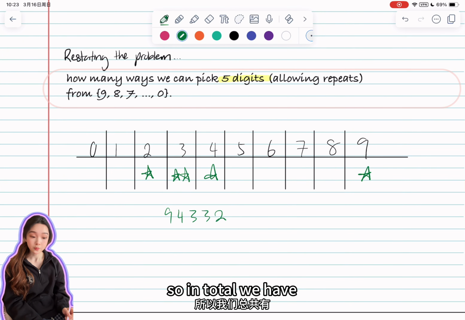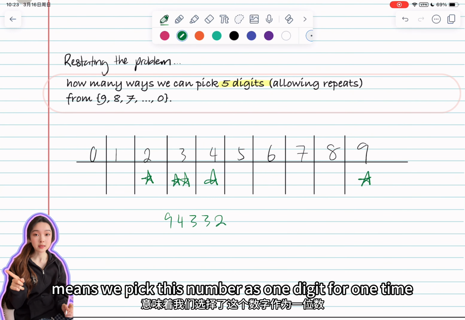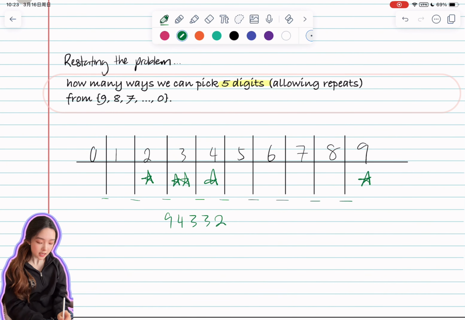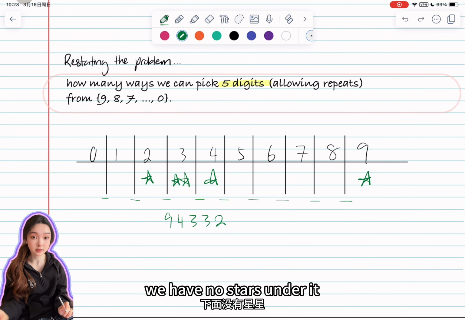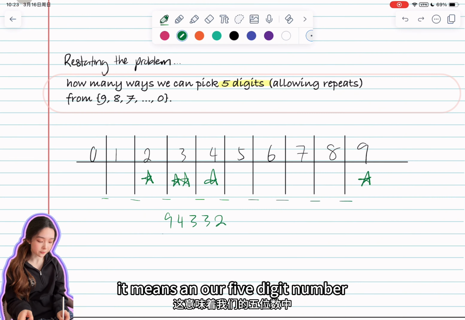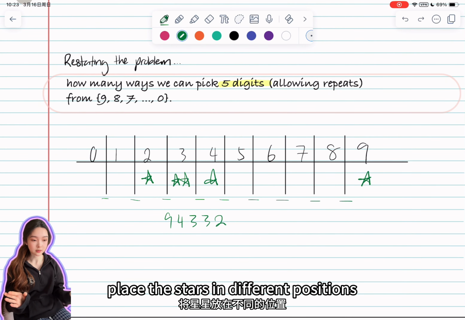So in total, we have 5 stars. 1 star means we pick this digit one time. If for the slot of 0 we have no stars under it, it means there's no 0 in our 5-digit number.